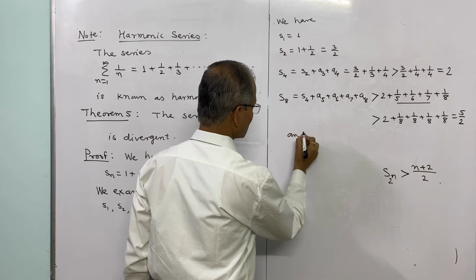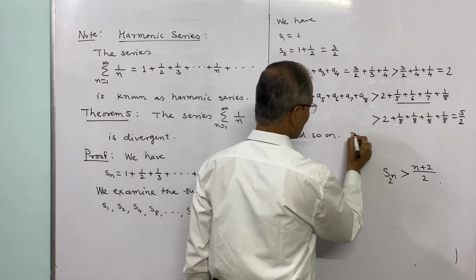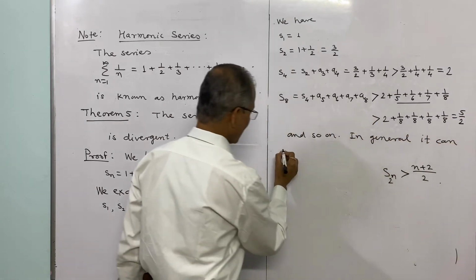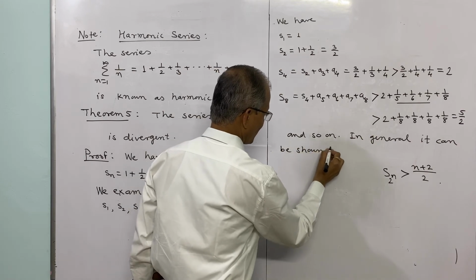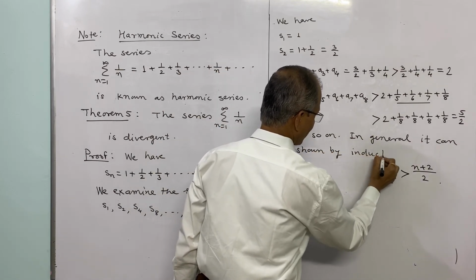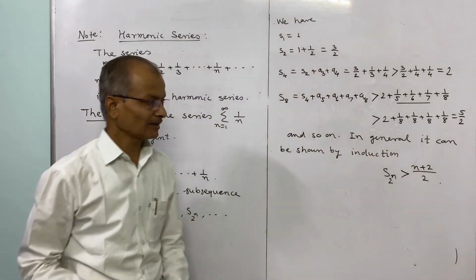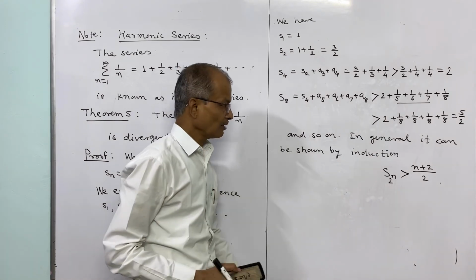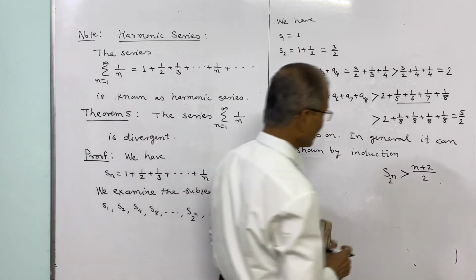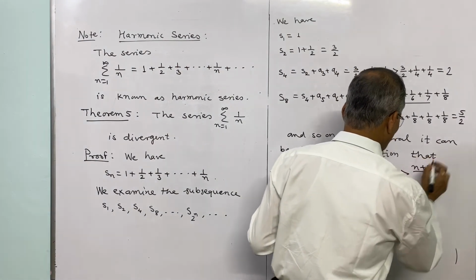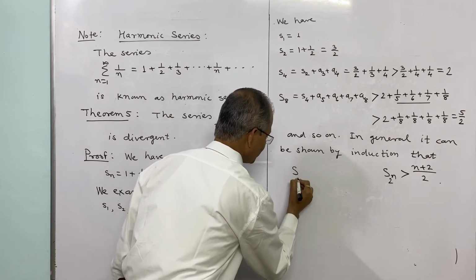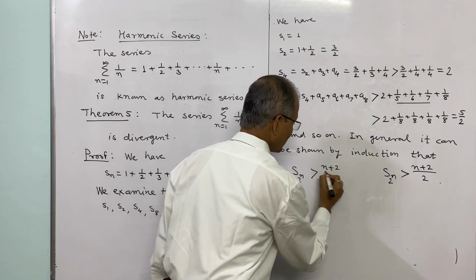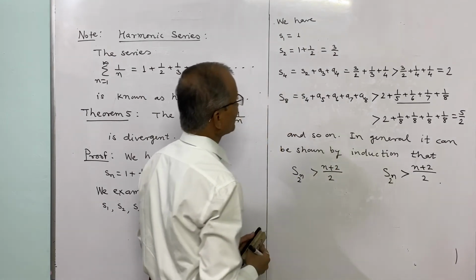In general, it can be shown by the method of induction that the result is true for n equal to 1, and if it is true for n equal to m, then it is true for the next value of n, etc. So it can be shown by induction that S of 2 to the power n is greater than n plus 2 divided by 2, for n greater than 2.